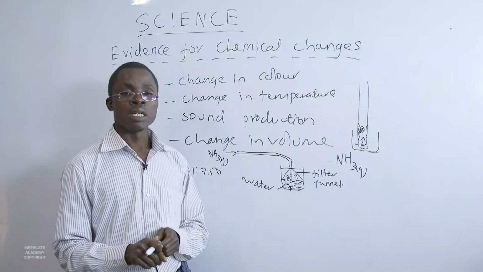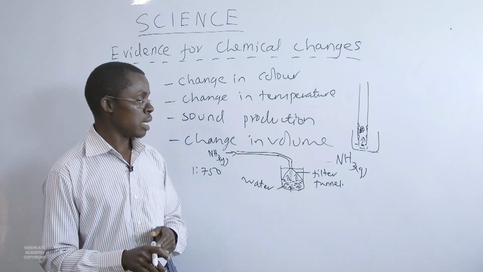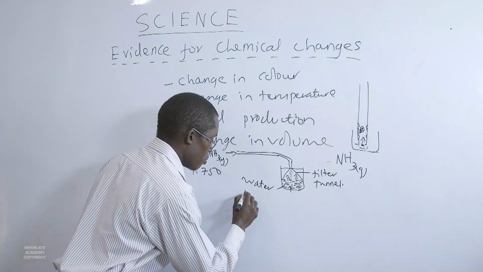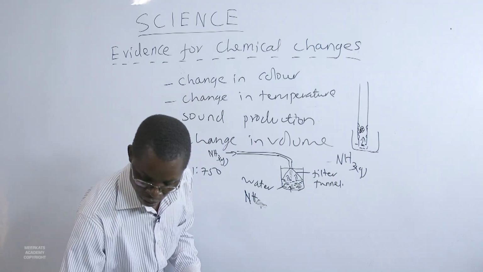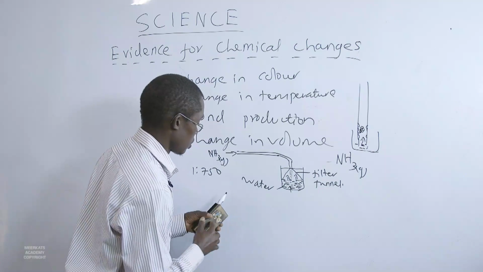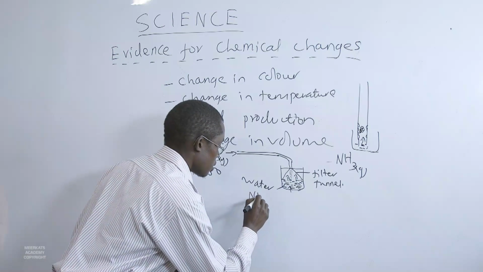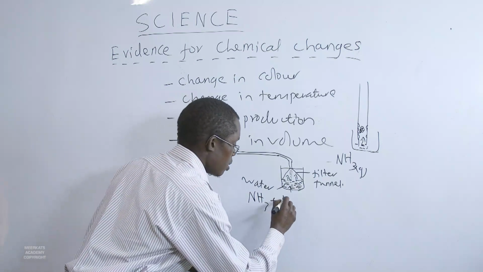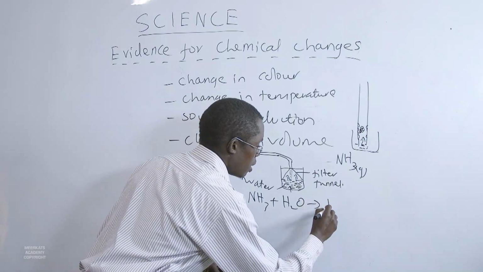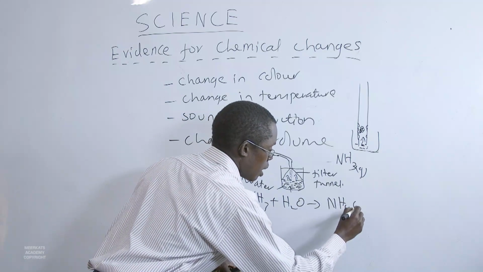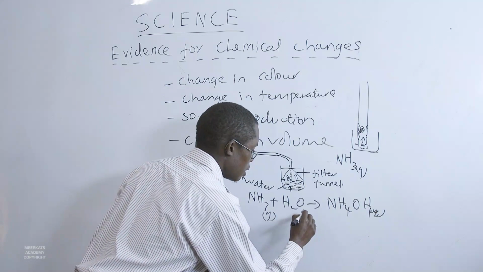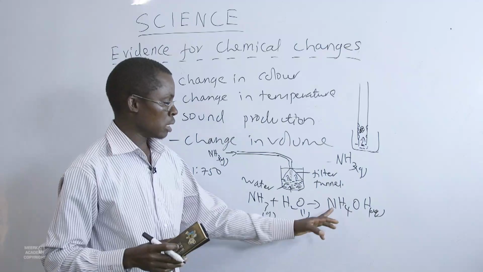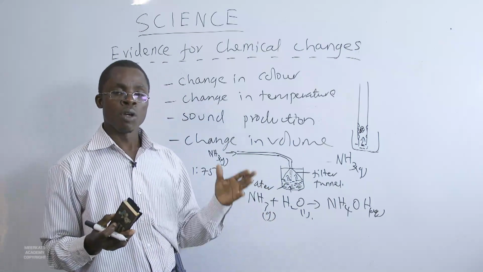Ammonia has dissolved in water, and now instead of having ammonia, you are now having ammonium hydroxide, which is a solution, but this one was a gas and this was a liquid, and this is the product, a chemical reaction.